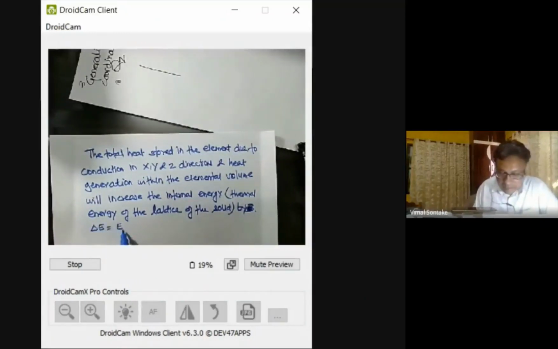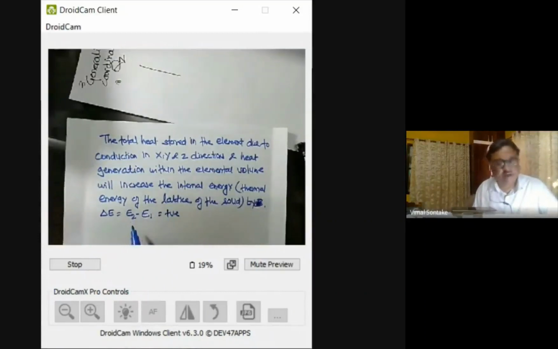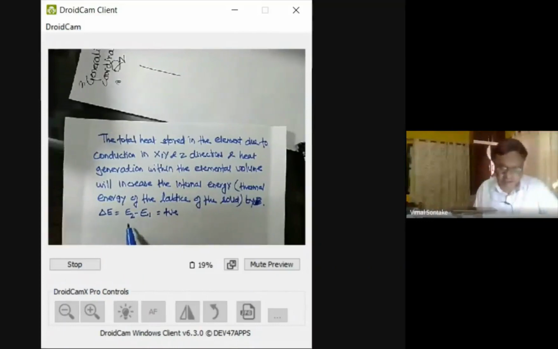Okay, internal energy before heat storing and internal energy after heat storing. Okay, this will be positive because heat is stored, heat is generated. It will give rise to thermal energy of the material of the solid body and hence its internal energy. And because of this, the increase in the internal energy of the body will be positive.